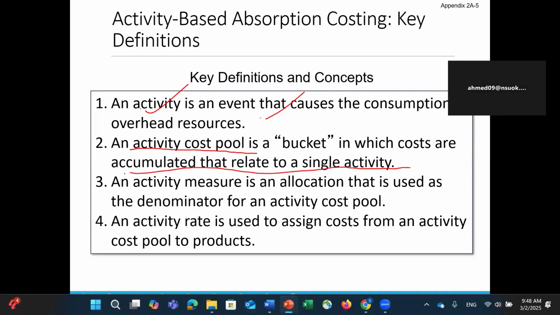Okay, and also the measure of that activity: what measure? Is it units? Is it hours? How are you going to measure? And then after that, the rate. And then you have to assign that rate to the activity cost pools and products. Okay, all these steps that we're talking about are needed practically to calculate the ABC.